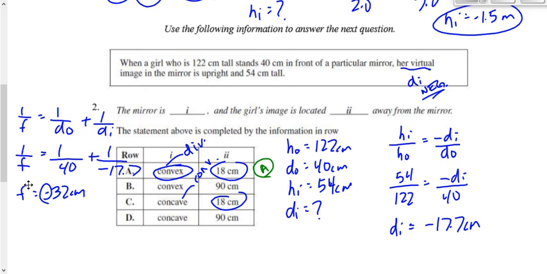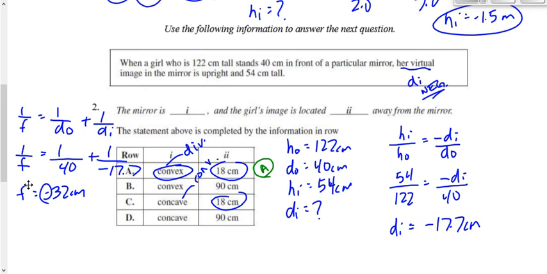If it was a converging mirror, well, a converging mirror has 5 ray diagrams. 3 of them produce an image that's real. 1 of them produces no image. Only 1 of them produces a virtual image, like we have here. And that virtual image in a converging mirror is when the object is really, really close to the mirror, inside the focal length. But that virtual image is larger, upright, and virtual.